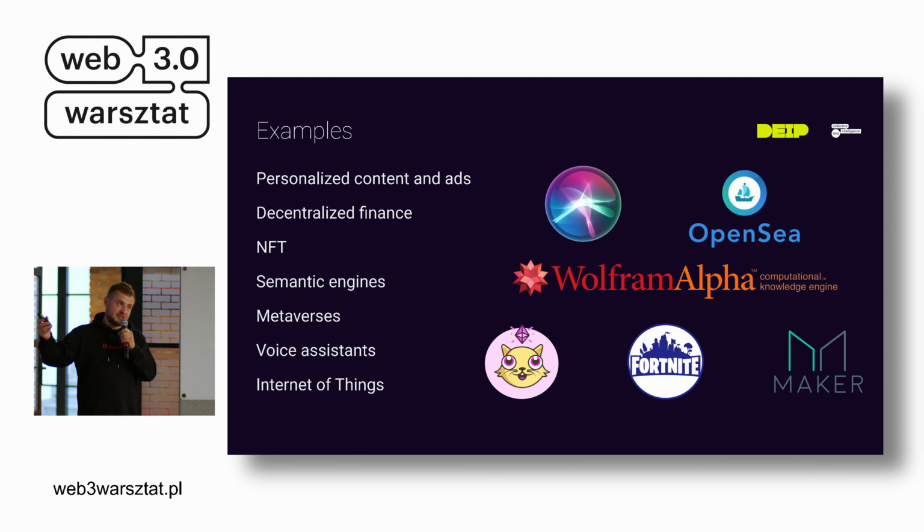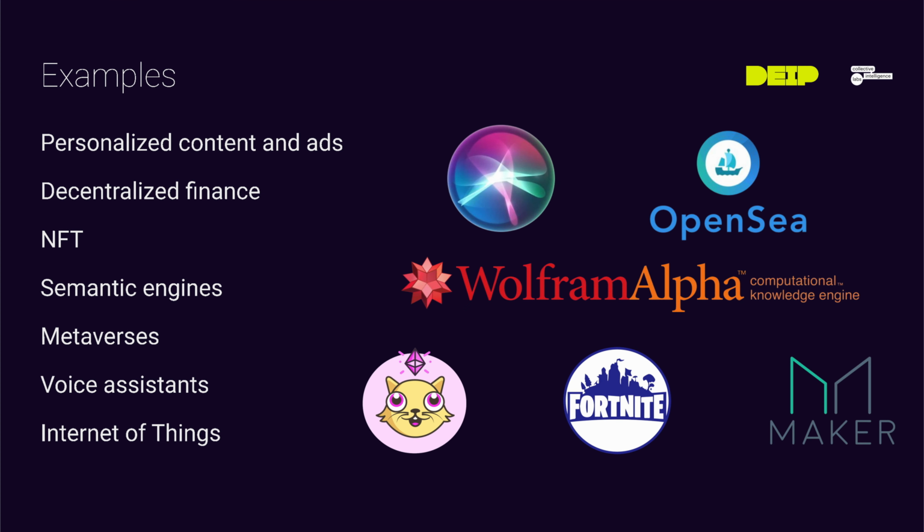Decentralized finance applications. This is a Web3. NFT. I guess many of you already heard of it. NFT trading portals like OpenSea, they are all Web3 applications. Semantic engines, like Wolfram Alpha, is one of the earliest examples of Web3 actually.